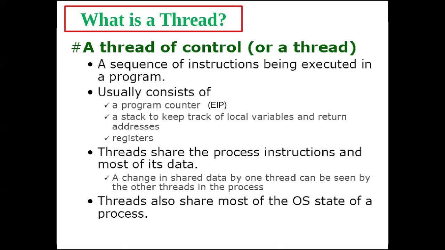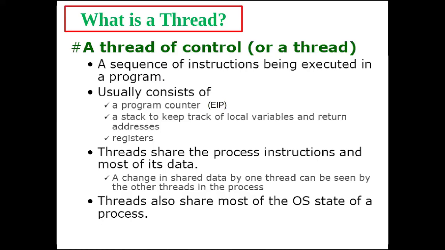And this is very important because all threads are working on the same data environment. So threads share operating system state. Most of the operating system state of a process is shared by threads. What does it mean? They belong to the same process. They are managed under the same process environment. They are not completely independent like processes.